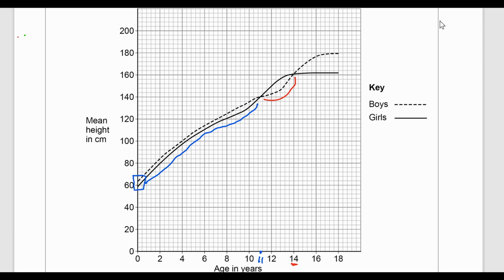And again, we can say that mean height is 160 at that point. But after 14 years, what happens? Girls stop increasing. The line goes horizontal, so their height doesn't increase anymore, or doesn't decrease at all. Whereas for boys, from 14 to 18, their height is increasing still.